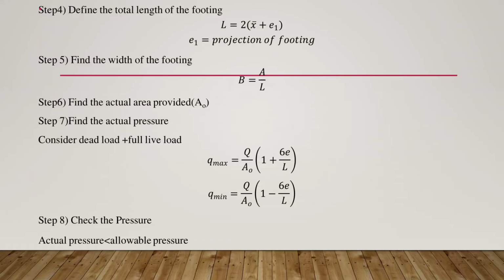Therefore Q max is calculated. Q max equals capital Q divided by A0 into 1 plus 6E divided by L. And Q minimum is capital Q divided by A0 into 1 minus 6E divided by L. These Q max and Q minimum should be less than the allowable bearing pressure. If it is less, then it is safe. Otherwise, we want to redesign the dimensions of the footing.